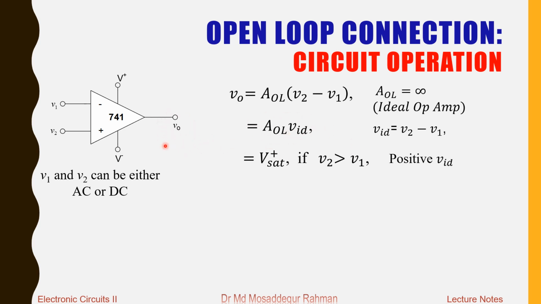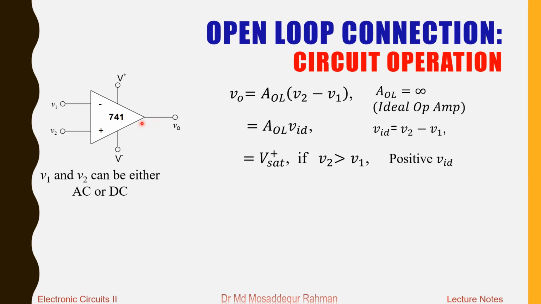So what output can you get? Practically you will get the maximum possible voltage that the op-amp can provide. You cannot get infinity, but the op-amp will produce an output voltage at the maximum limit, and that maximum limit will be determined by these supply voltages.